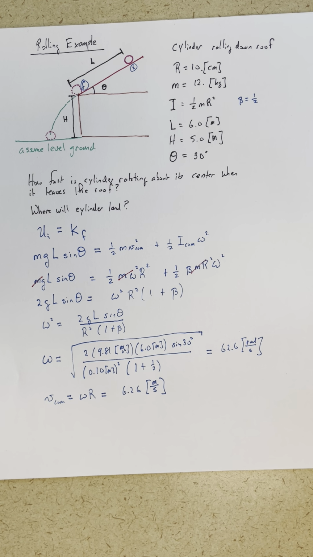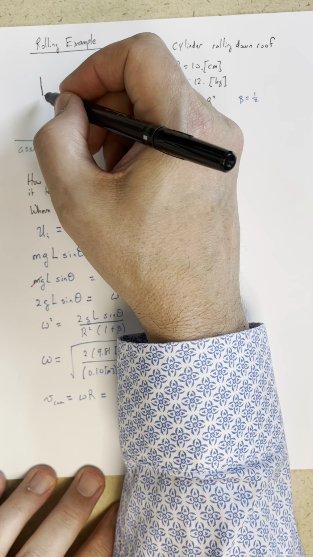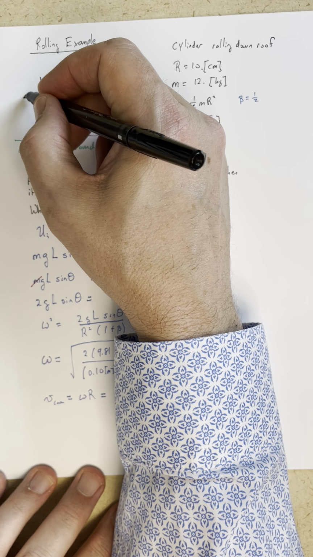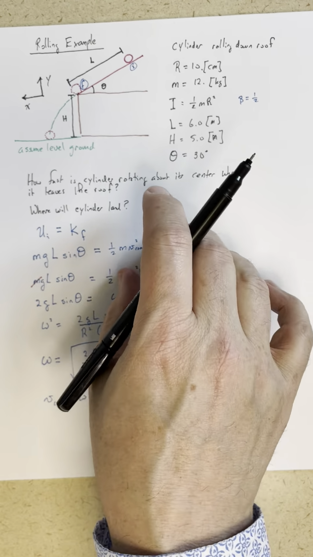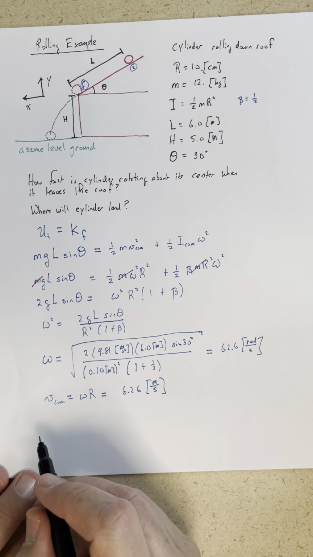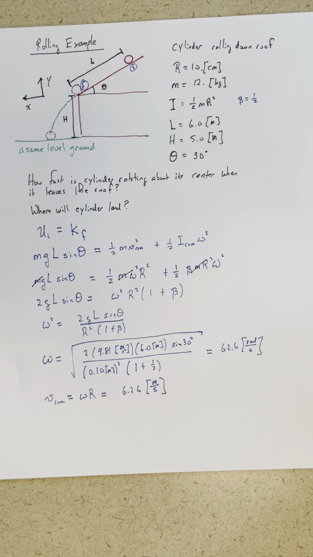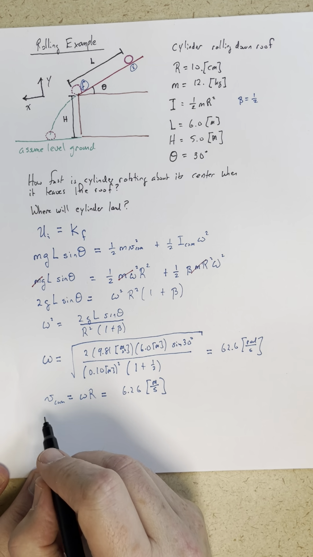Okay, now, make sure we have coordinates for the projectile motion problem. So I'm going to pick x to go to the left and y to go straight up the page. We can write out the initial velocity vector and then start doing our kinematics game.